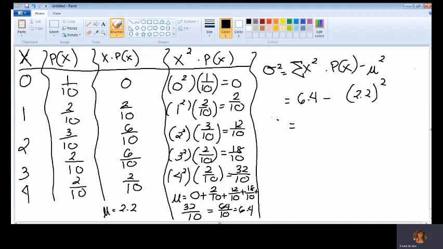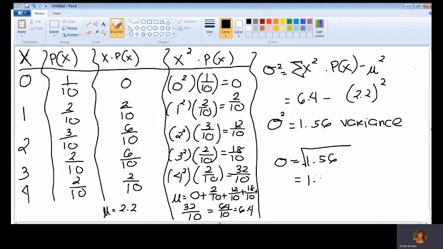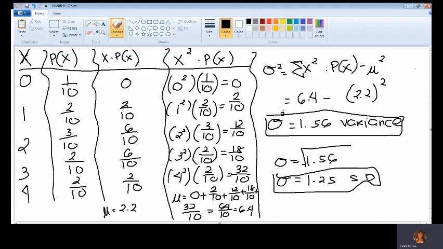Computing all, that will give us a variance of 1.56. And to get the standard deviation, we're going to take the square root of the variance. So the square root of 1.56, the answer would be 1.25. This will be our standard deviation, which is the same answer that we got with the first method.